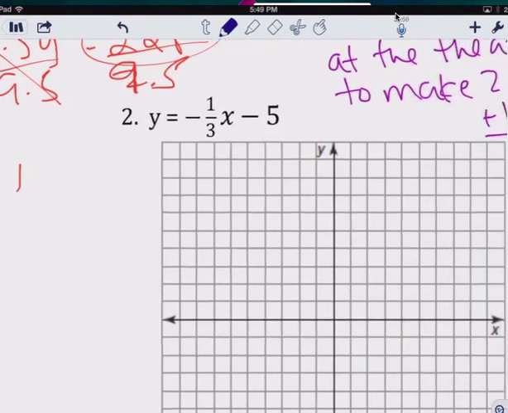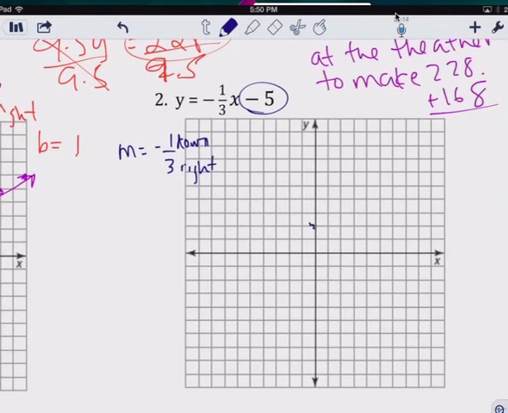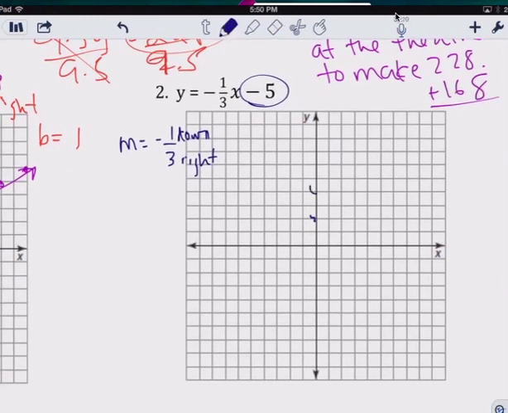Okay, the last one here, the slope m is -1/3. That means down 1, right 3. The y-intercept is at -5. So here's 2, 4, 6, 8, 10, -2, -4, and so on.